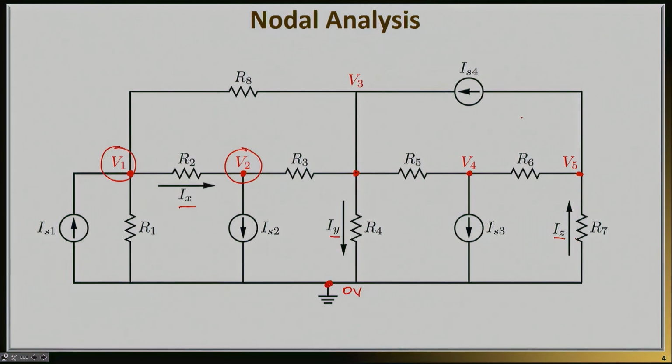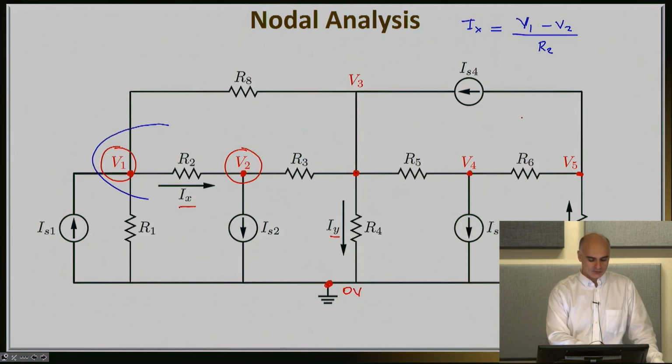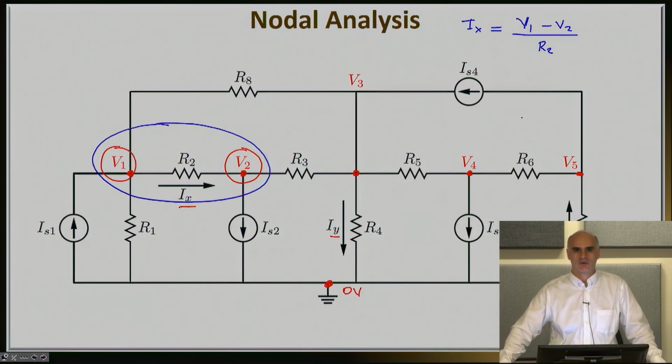For example, in this case, let's say I want to find the current Ix. So the current Ix will be equal, according to Ohm's law, to the voltage drop across the resistor R2, which is V1 minus V2, divided by the resistance itself, which is R2. So exactly by applying Ohm's law in this resistor R2, and by knowing the nodal voltages V1 and V2, I can go ahead and calculate Ix.